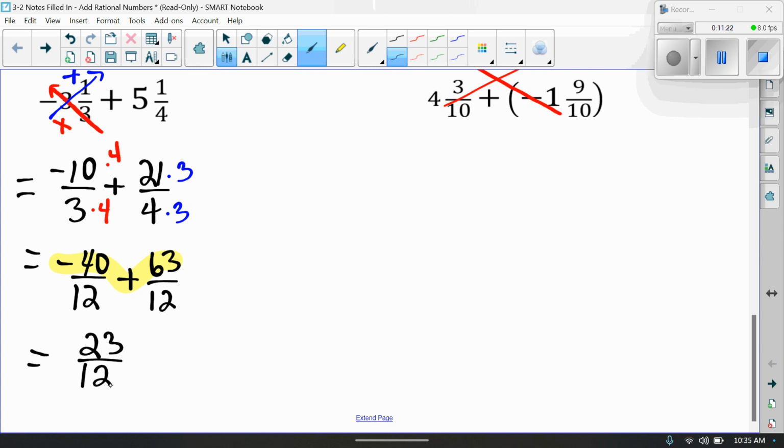Once. Because 12 times 2 is 24, so it only goes in once. So this is going to be 1 with how many left over? So here, this is going to be 11 12. And there's your final answer.